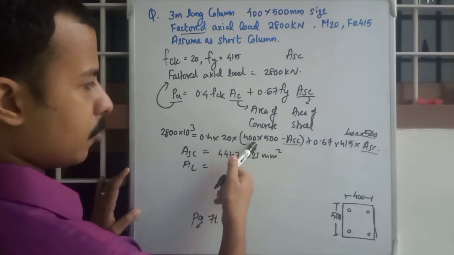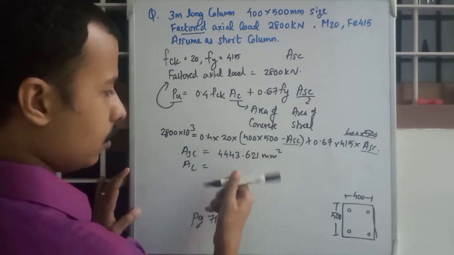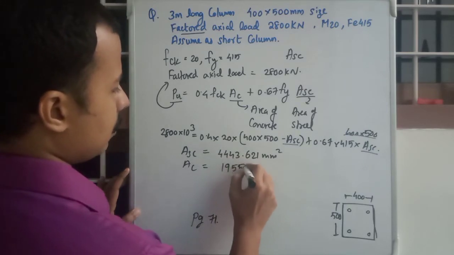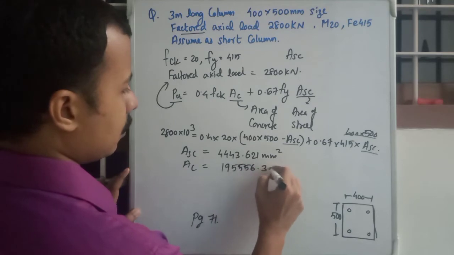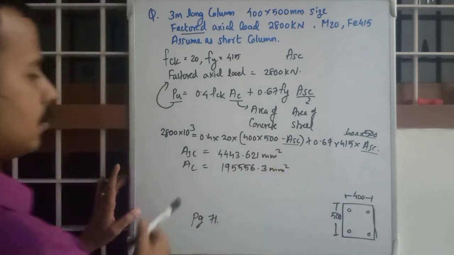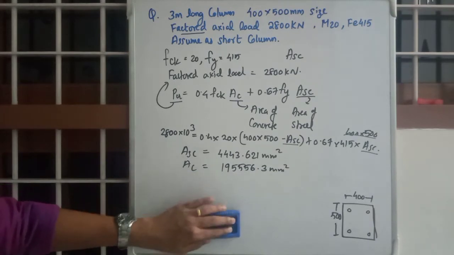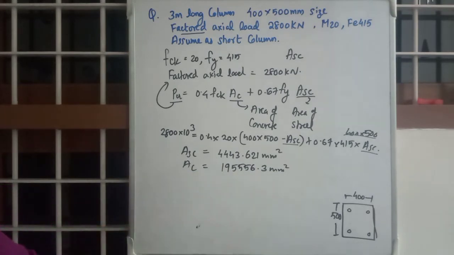This is Ac, 400 into 500 minus this value. So this is the area of concrete and the area of steel in the concrete.